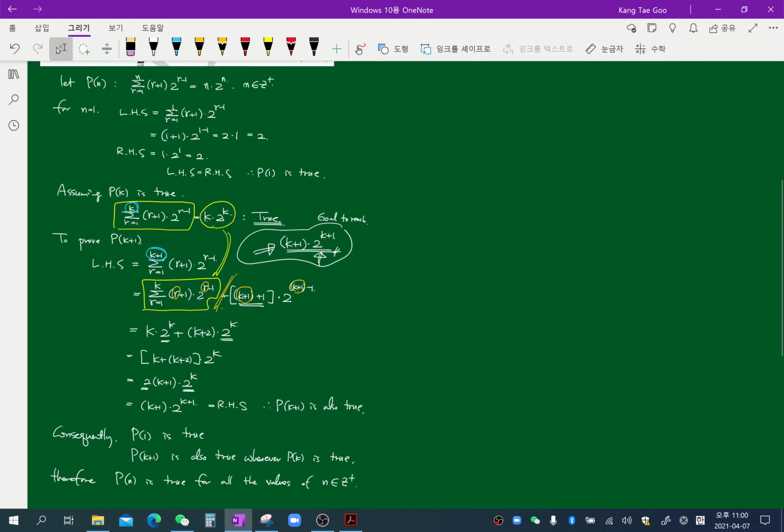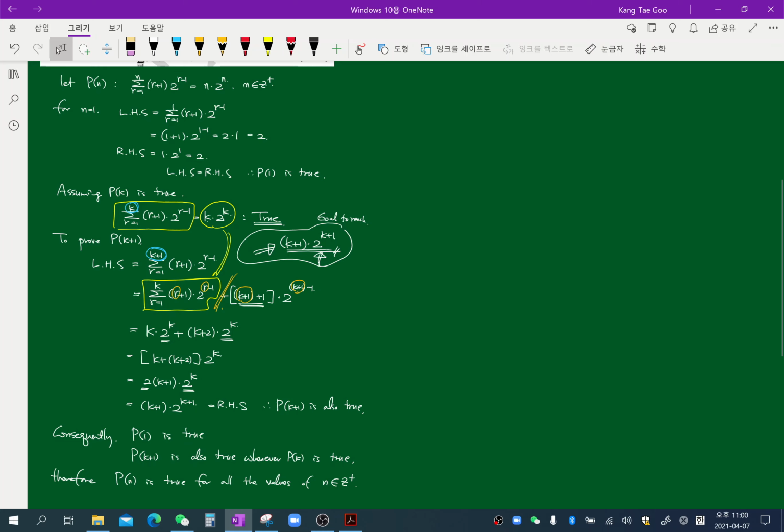Can you see all the flow of this mathematical induction? In order to prove the statement by mathematical induction, first we set the statement. Second, we prove for n is 1.